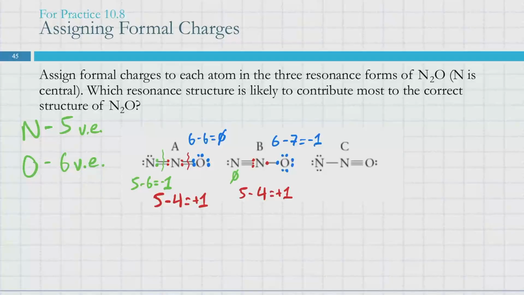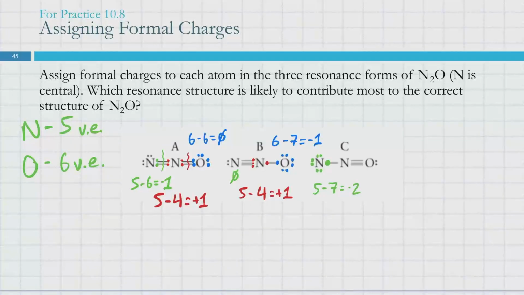And then on C, we've got nitrogen here on the left. Nitrogen wants to have 5, and it has 6 just from lone pairs, and then 1 more from the single bond. So 5 minus 7, it's got a -2 formal charge.